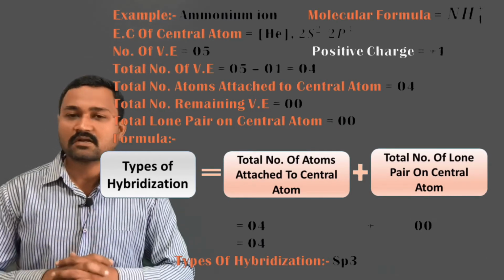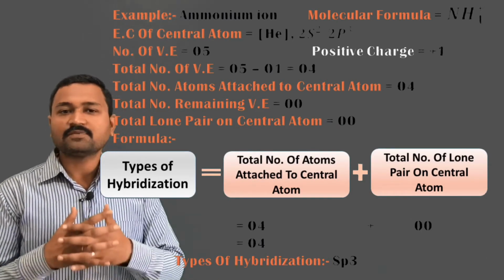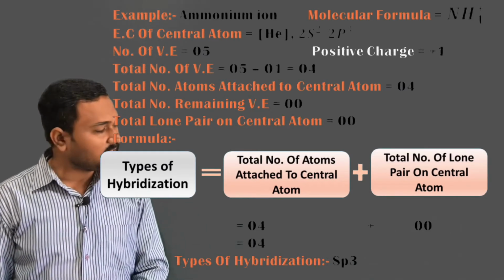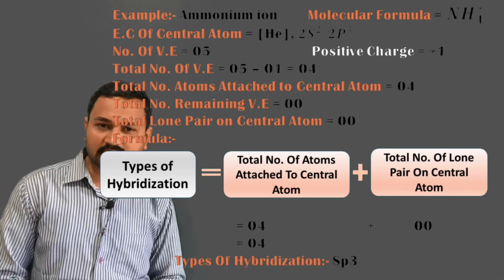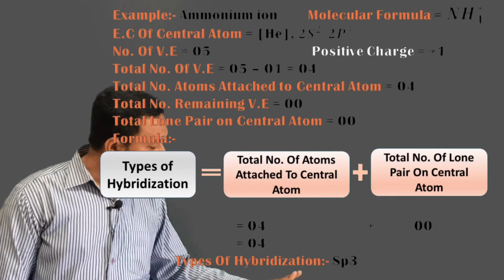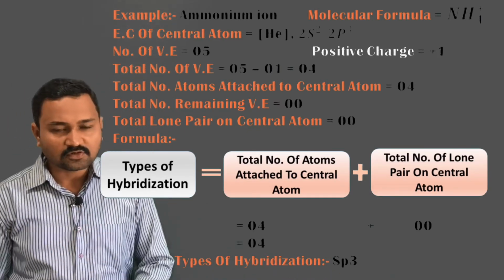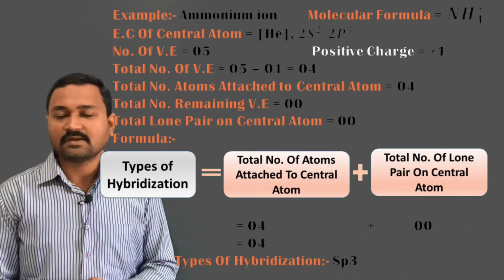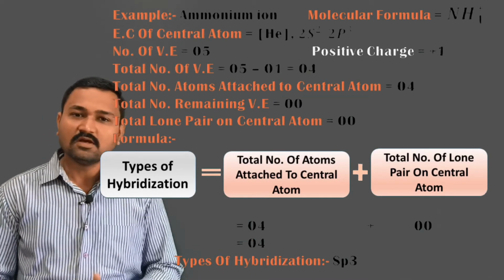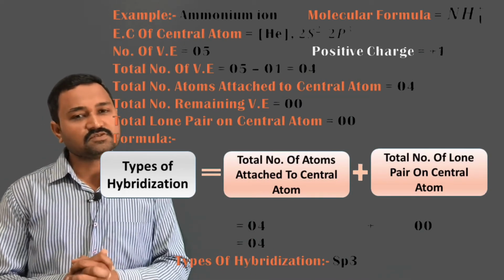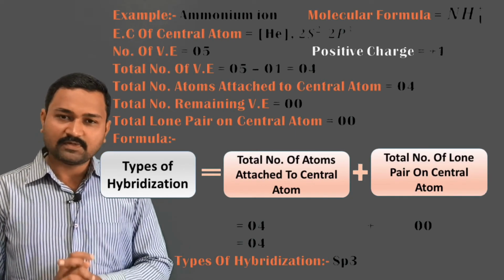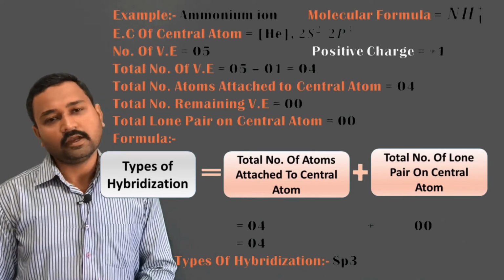Therefore, this number comes to be 4, and the type of hybridization will be sp3. Again, 1 s and 3 p atomic orbitals are involved during the formation of the ammonium ion. Hence, its type of hybridization is sp3. So this is the simple trick which is very useful to predict the type of hybridization in a polyatomic cation.